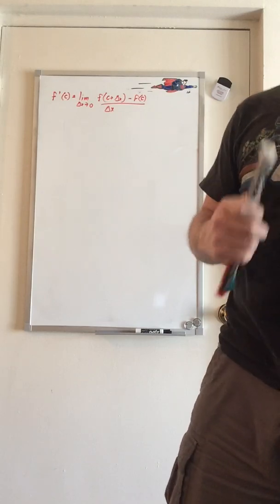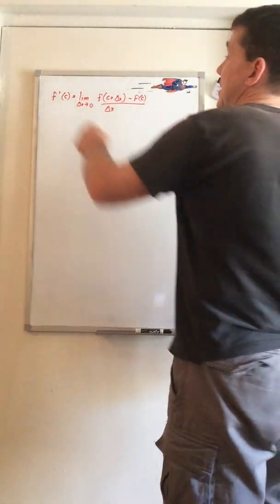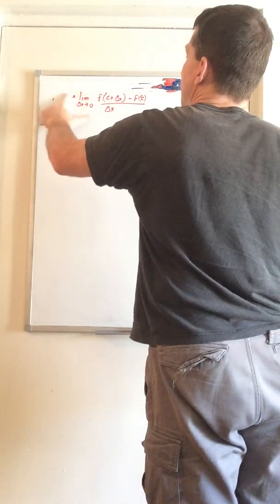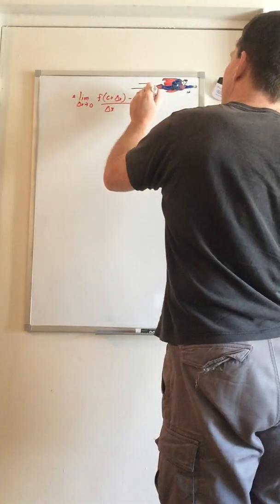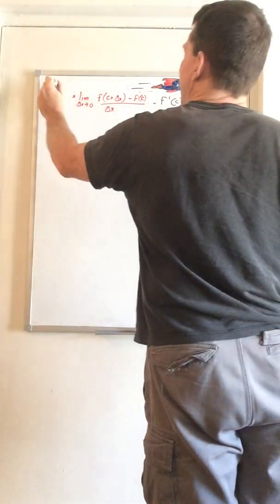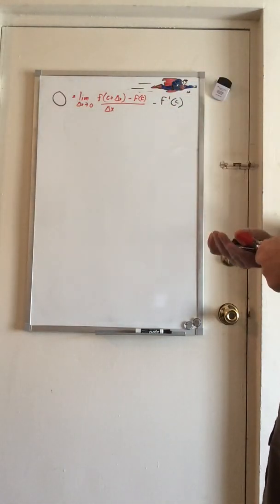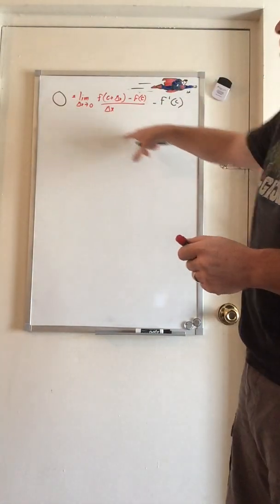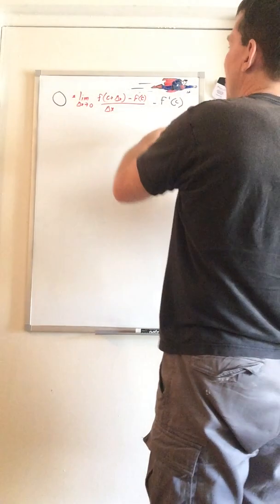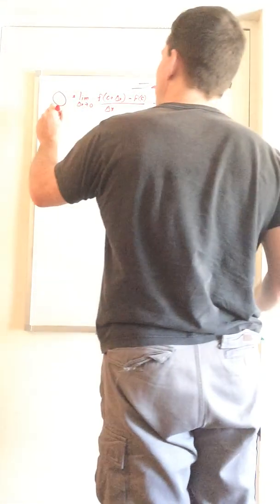But now we're going to manipulate this a little bit. I'm going to set this equal to 0, and what I mean is I'm going to subtract f prime of c over to the right. So now this is equal to 0. But now I want to write this as one continuous fraction, so I'm going to multiply delta x on top and bottom, just so I can write this as one fraction.